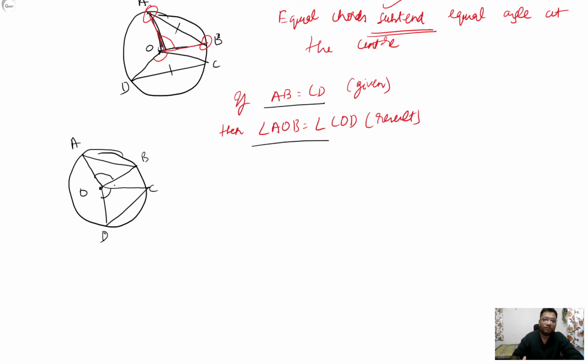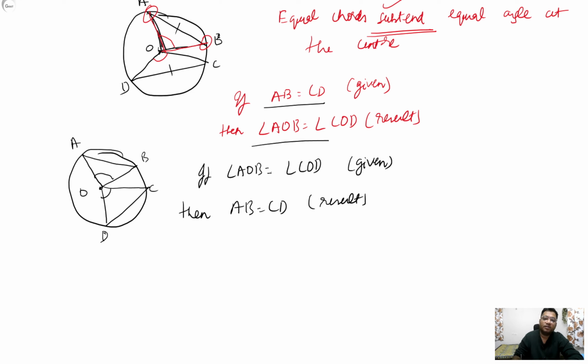Okay, so just the reverse of the theorem. So practically put, if angle AOB is equal to angle COD, that's given this time around, then chord AB will be equal to chord CD. That will be your result. So this is theorem 2 and this is its converse.